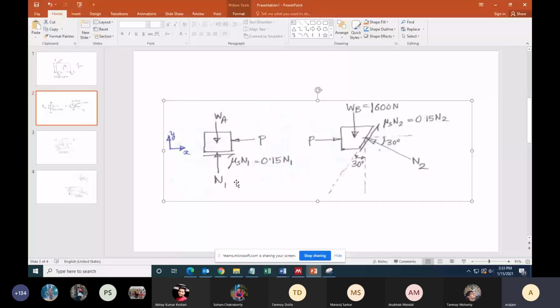So basically, I have solved it like this. I took block B, found out the value of P, and from P, then I look at block A, found out the value of WA. Is that what everybody has done? Yes, sir. What is the value of P?